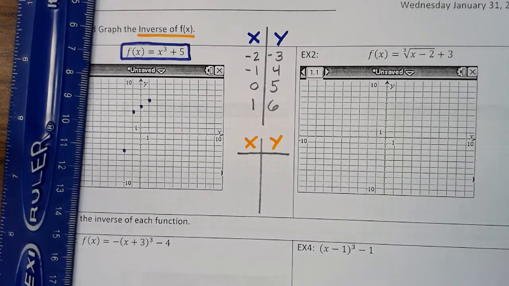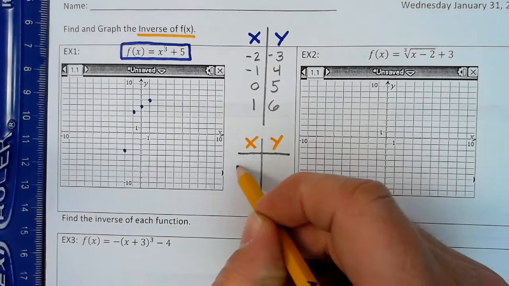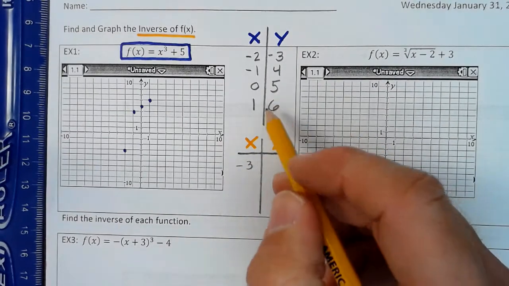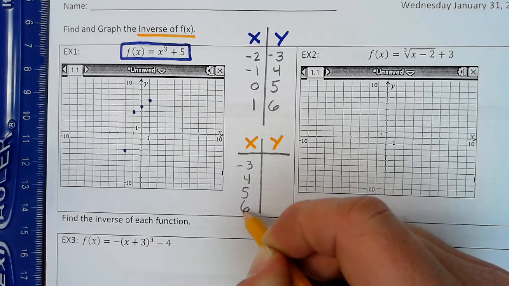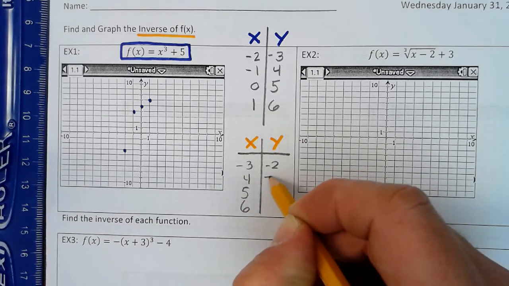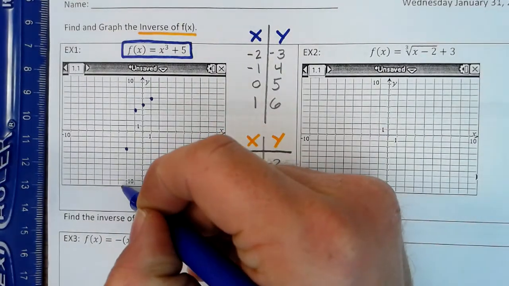So the new x's are -3, 4, 5, 6. And the new y's are -2, -1, 0, 1. Before I forget, let's finish graphing f of x.